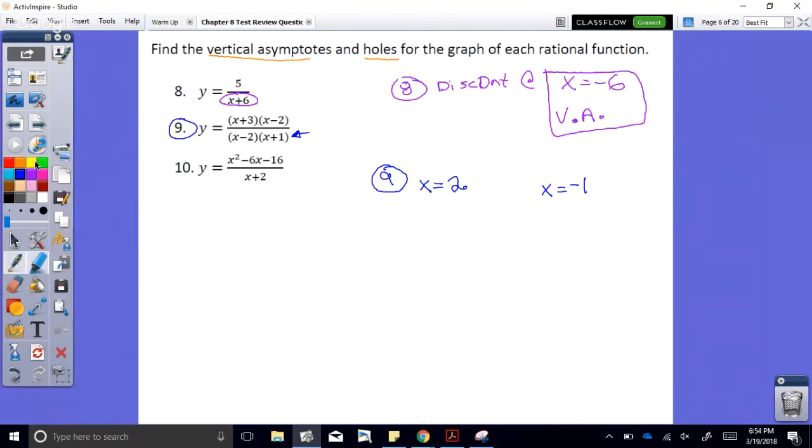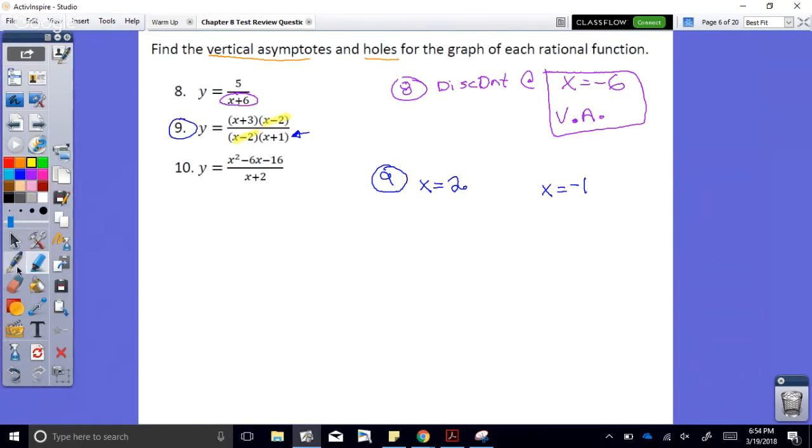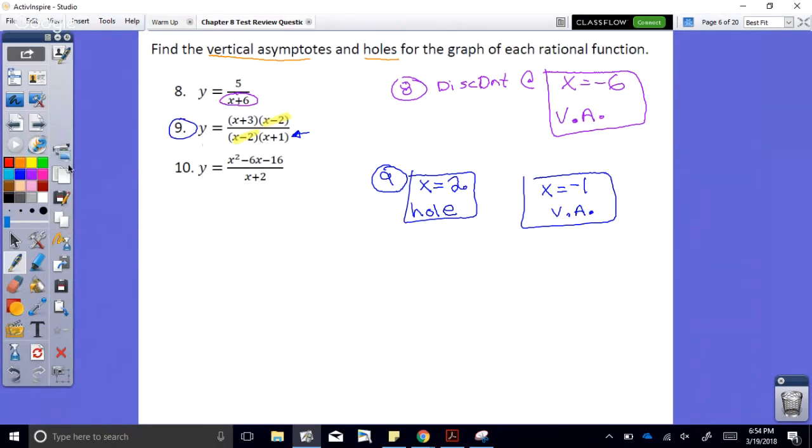If I then look and see what cancels, the x minus 2's can cancel. If it cancels, then we have a hole. So at 2, we have a hole in the graph. If it doesn't cancel, so the x plus 1, then we have a vertical asymptote. So we have a vertical asymptote at -1, and we have a hole at x equals 2.